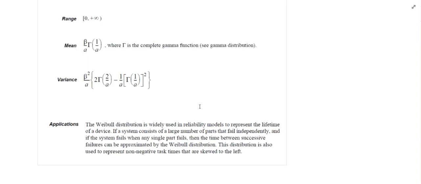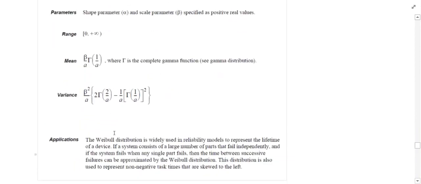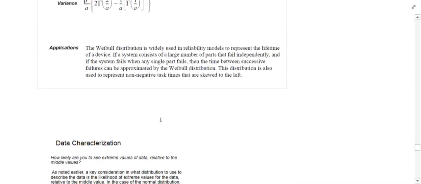So you'll see that a lot in life cycle type simulations and calculations. And you can also use it to represent non-negative task times that are skewed to the left as well. But that's the place that, at least from experience, I've seen the Weibull used most, is in lifetime type stuff. It's very useful for that.